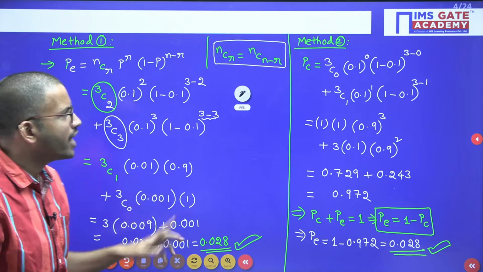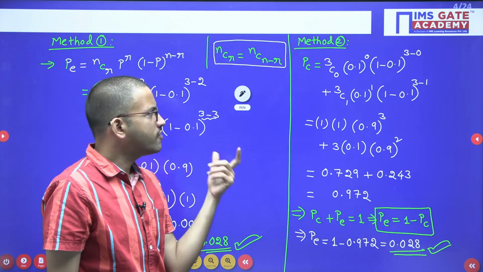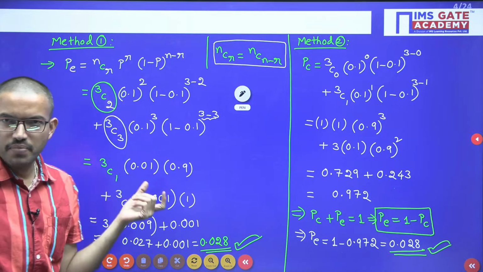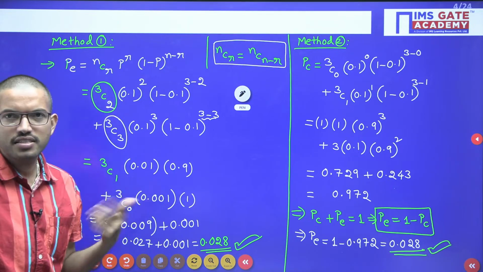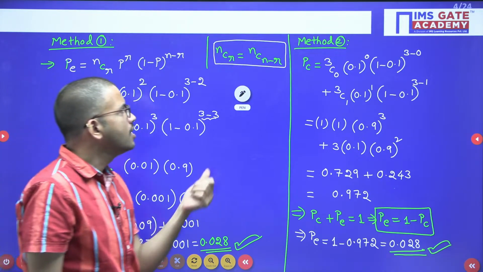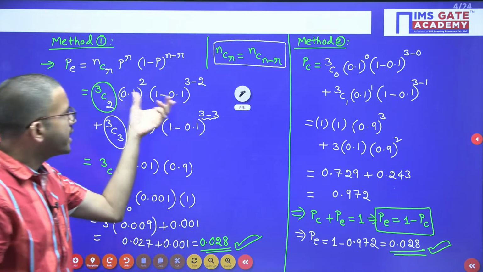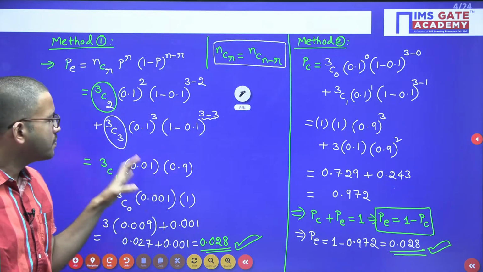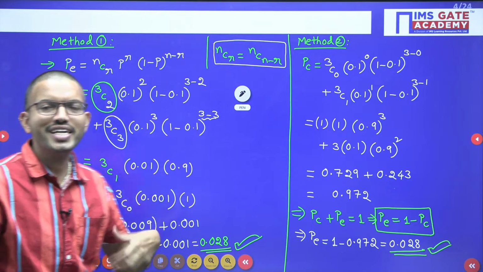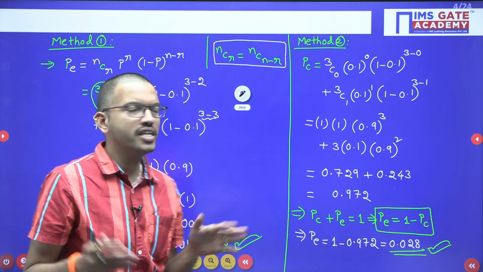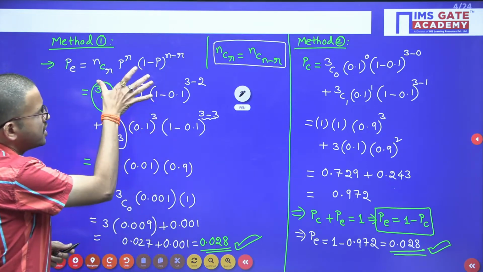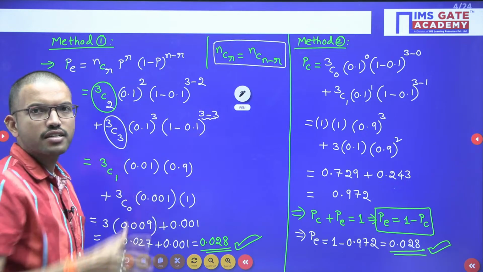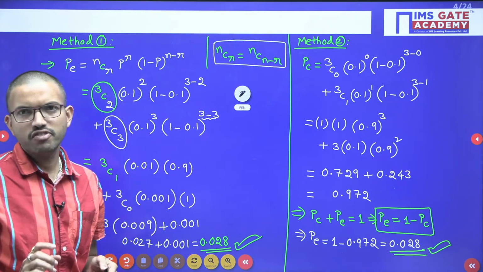But in general, why I have discussed the second method: see, for this question method 1 is the best. But in some cases, especially where the number of combinations giving error is more, by using this particular expression you have to do the simplification for multiple terms, right?